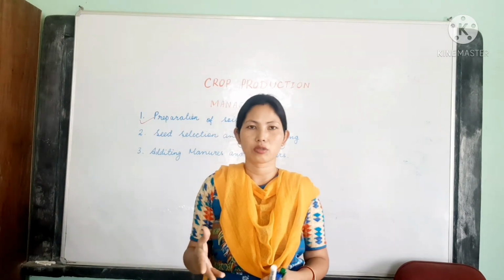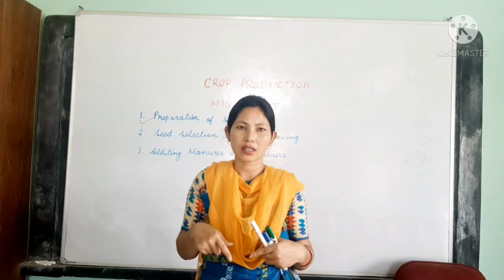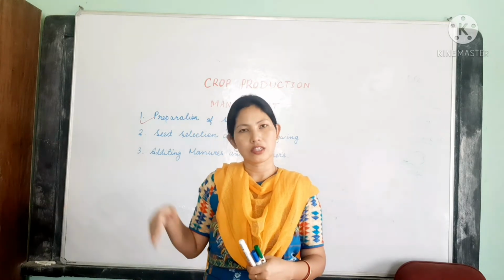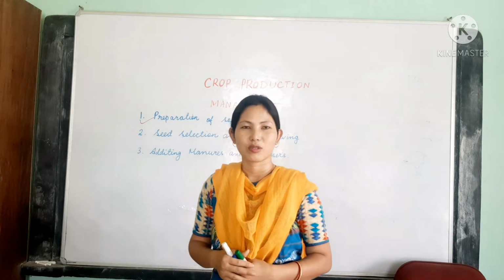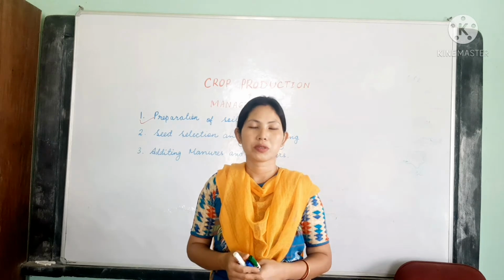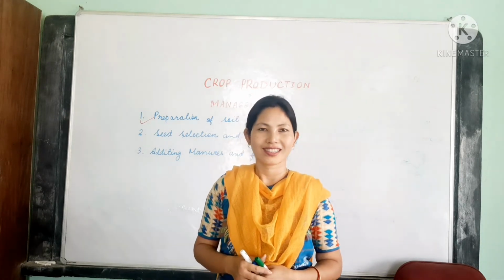For example, in case of paddy, first paddy is sown in a small piece of area randomly, and then they are uprooted and then they are transplanted. In that way also sowing can be done. So that is our second step, sowing of seed or selection of good quality seeds.